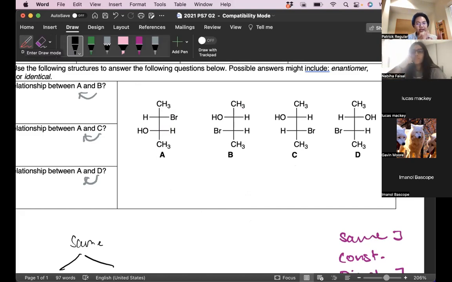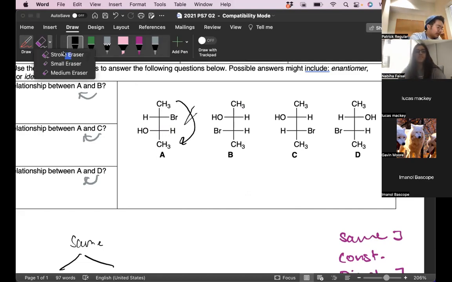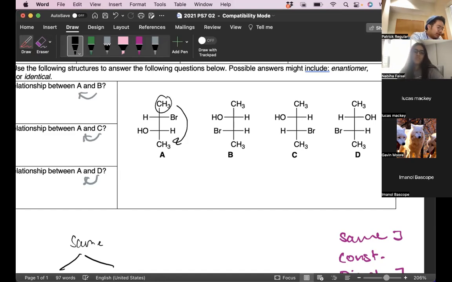You can't flip it in any way, shape, or form. You can't pancake flip it side to side or up or down. However, if you keep it in the plane, you can rotate it. So let's rotate A again. Let me erase this. The CH3 would trade places with that one. Thankfully, they're the same thing, so rotating it doesn't really matter.